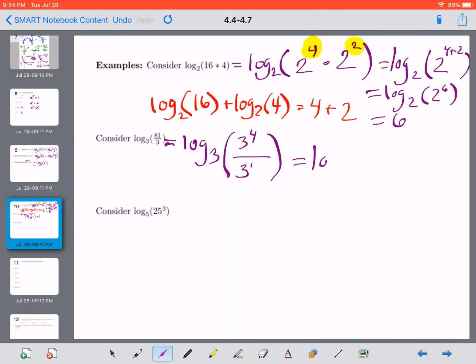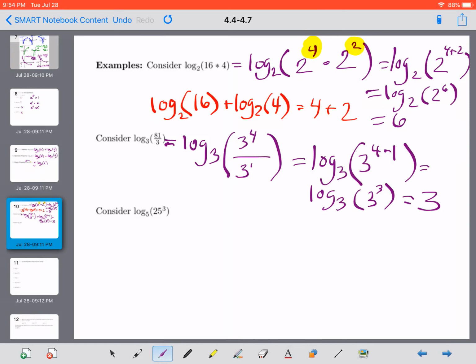So inside my parentheses here, I could rewrite this as 3 to the power of 4 minus 1, which is 3 to the 3rd power. Oh, whoops. I still got a log on the outside. Log base 3 of 3 to the 3rd power.